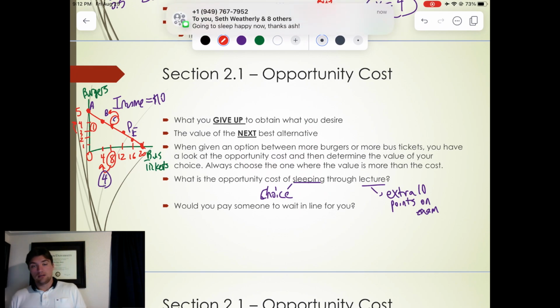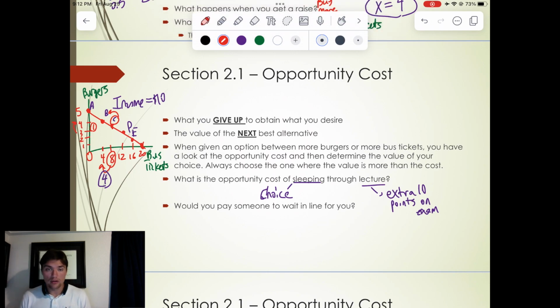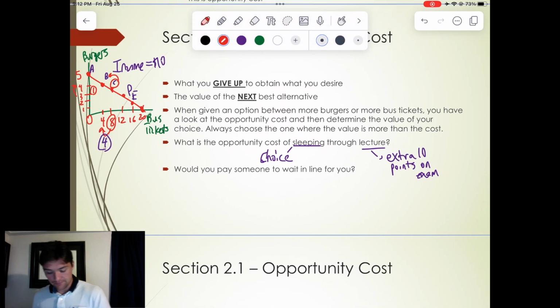Which leads me to my next point, which is, would you pay someone to wait in line for you? Let me set up this situation.